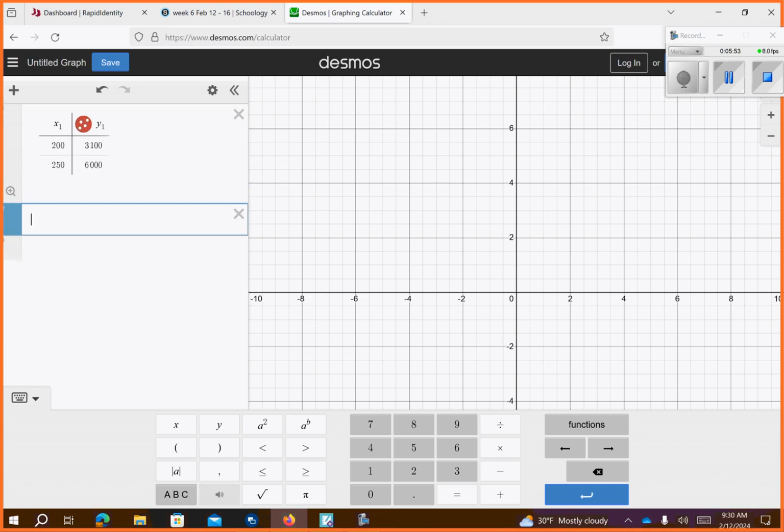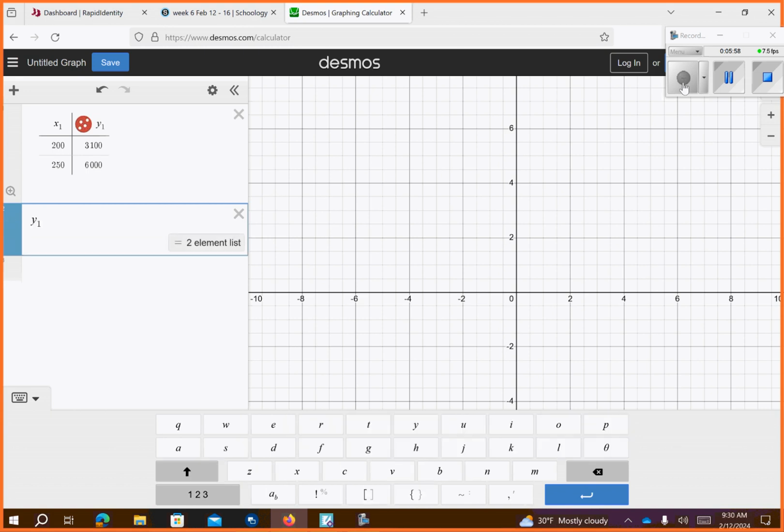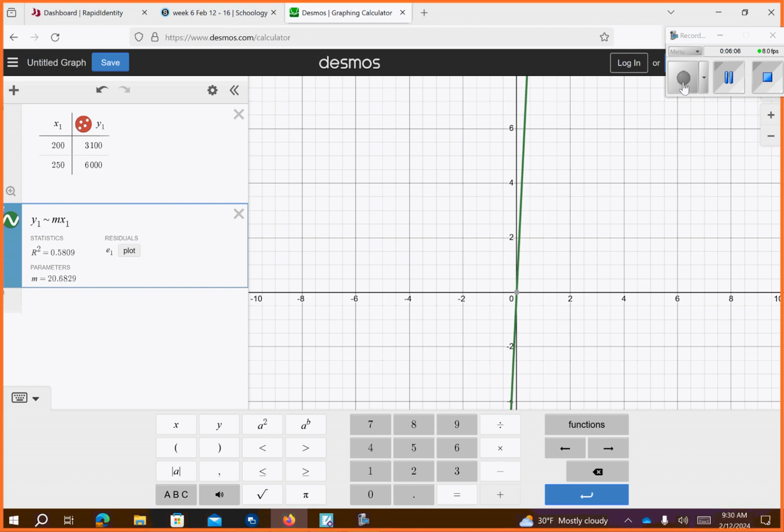Remember on Desmos we have x1 and y1, so that's fine. So I go y1, and I have to use that tilde, which is under the alpha underneath the letter n. And then mx1 plus b.